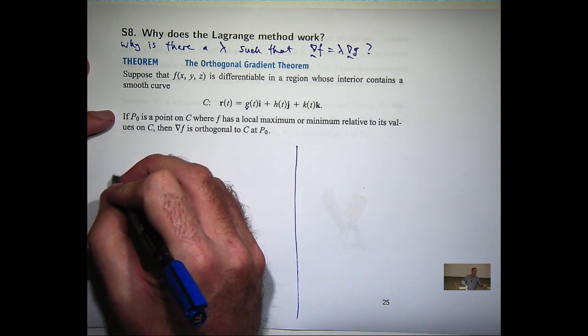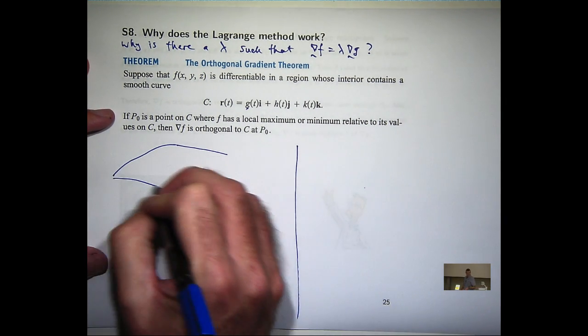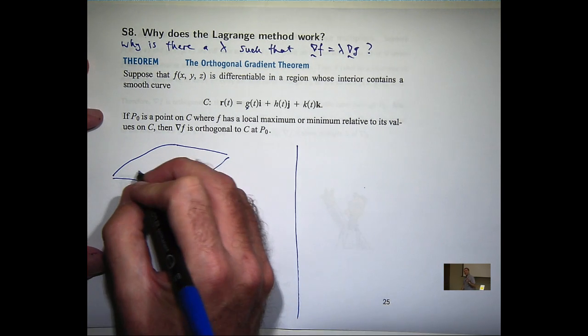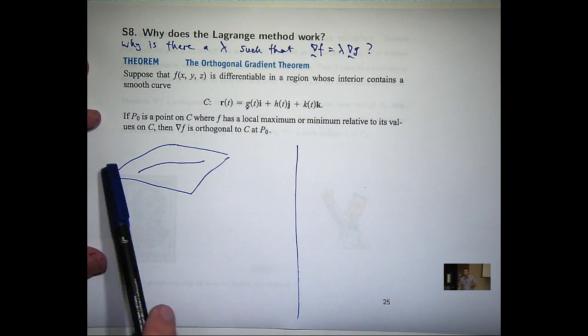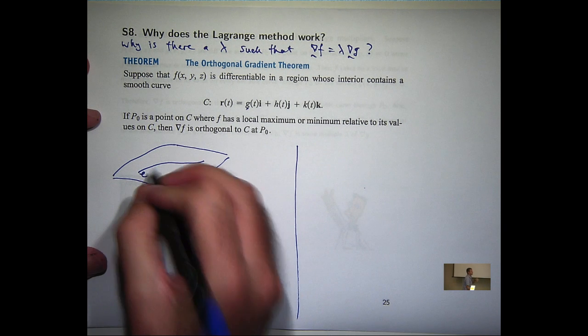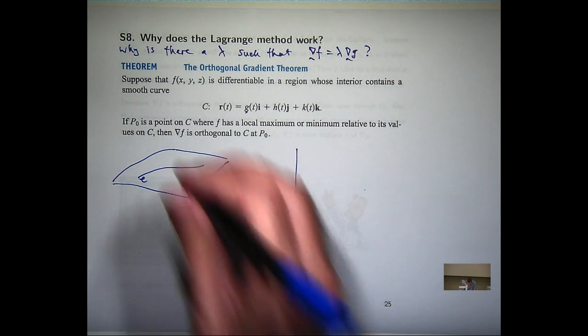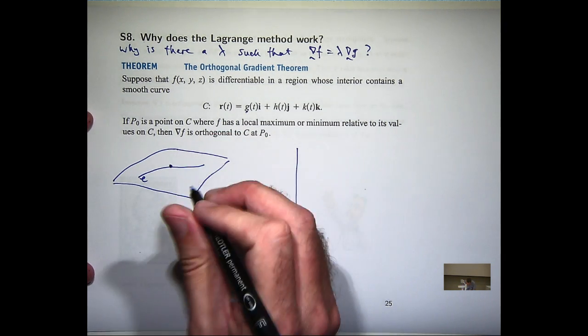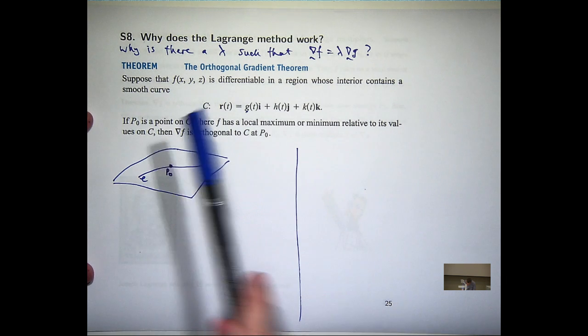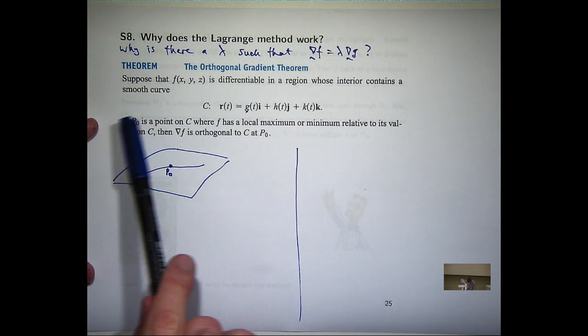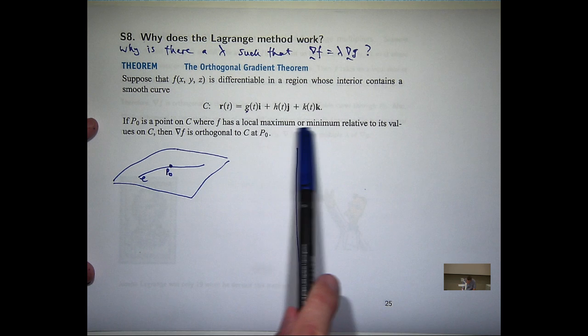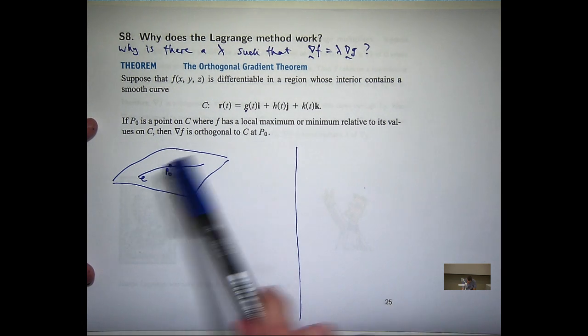Okay, so suppose there's some sort of region, and here's my curve C. Now, let's say at this point P0, f has a local max or minimum relative to all the other points on the curve.